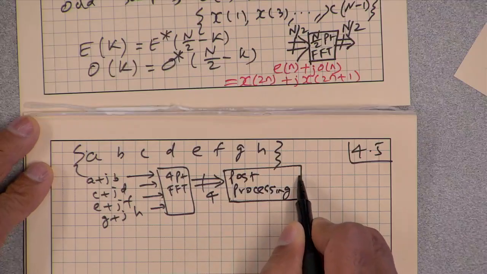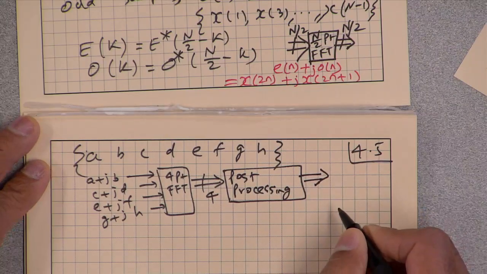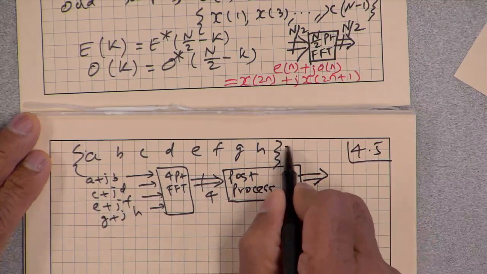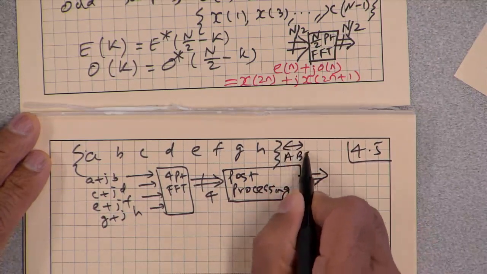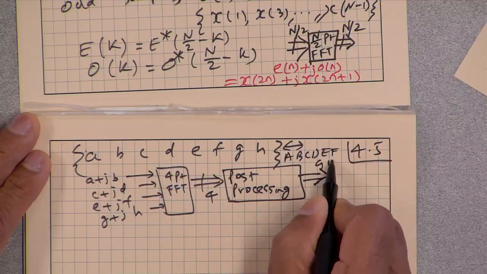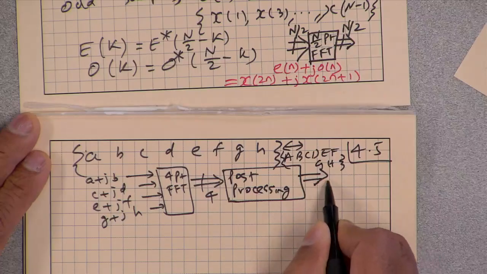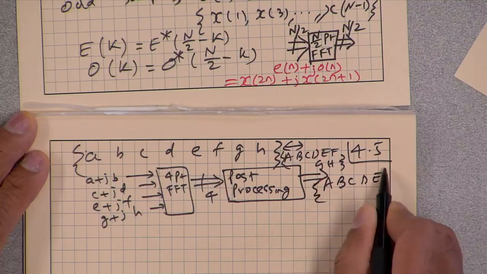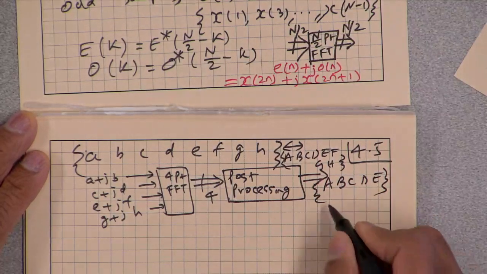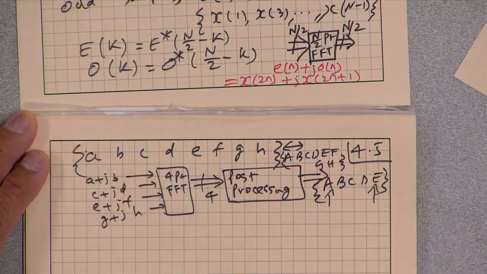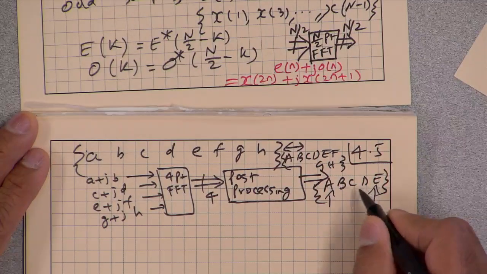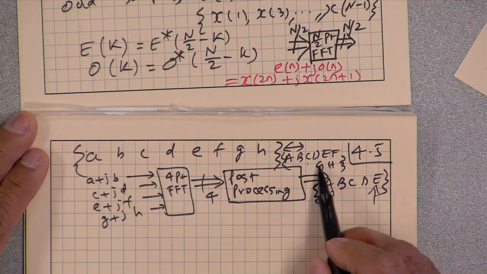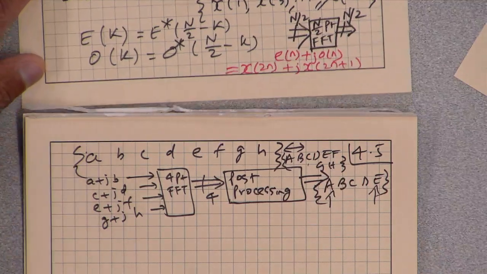To compute, so if these DFTs are A, B, C, D, E, F, G, H in capital letters, then A and E are real, and B, C, D are conjugates of F, G, H. So we don't need to worry about those.